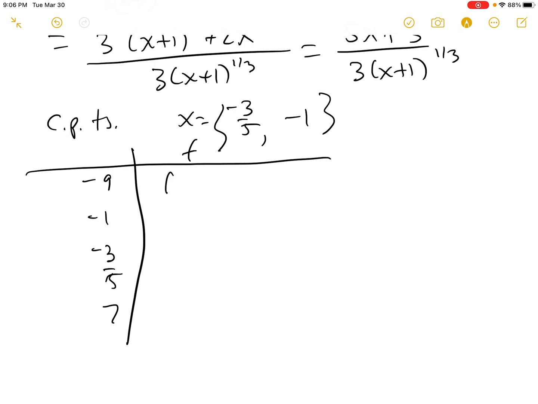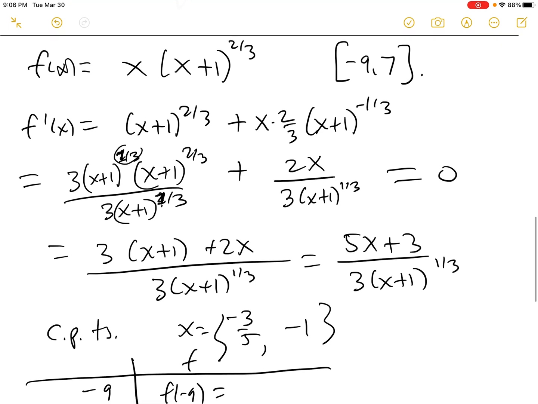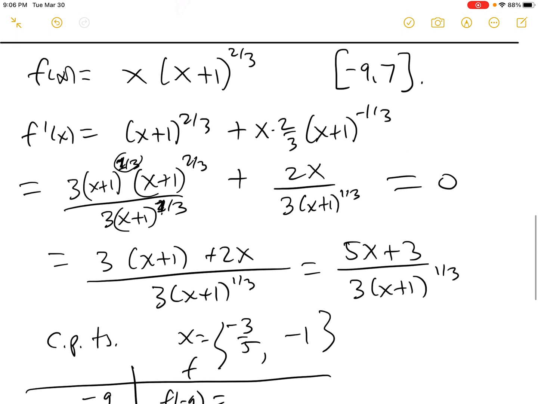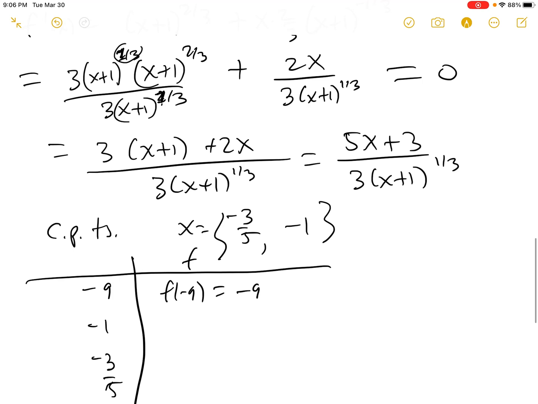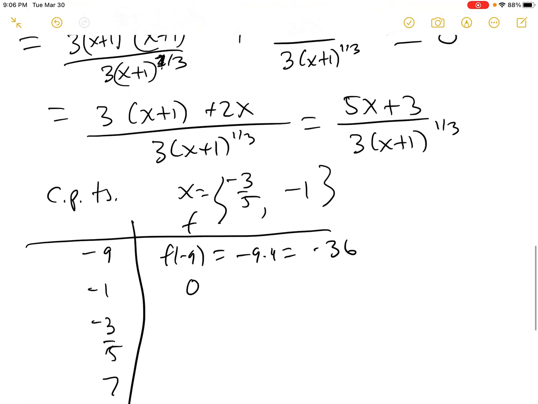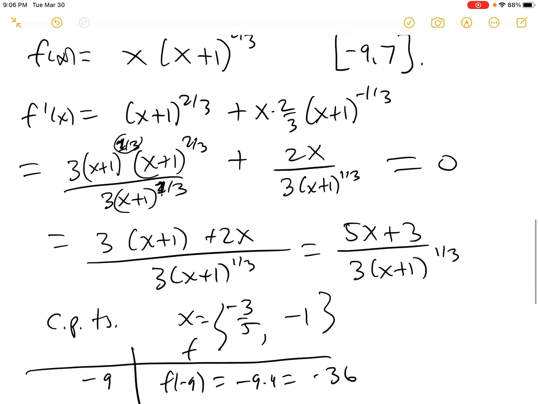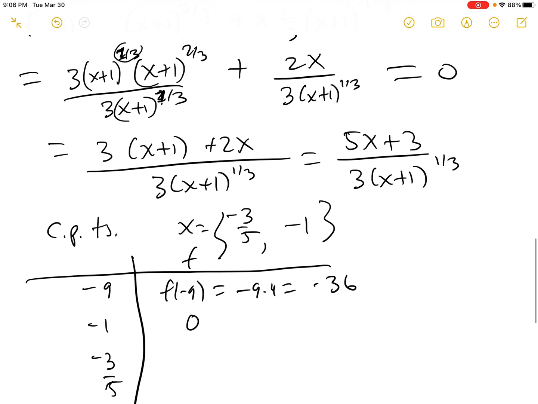And then we're going to have f of minus 9 is minus 9 times 4. F of minus 1 is 0. We'll leave f of minus 3/5. F of 7 is 7 times 4, which is 28.